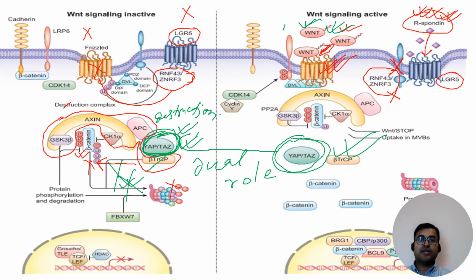In presence of Wnt ligand, YAP/TAZ is free from the destruction complex and it actually activates the Wnt signaling pathway. So it changes its role with the presence or absence of Wnt ligand. In absence of Wnt ligand, YAP/TAZ is an inhibitor of Wnt signaling pathway. In the presence of Wnt ligand, YAP/TAZ is actually an activator of Wnt signaling pathway. That is one important point you should keep in mind.